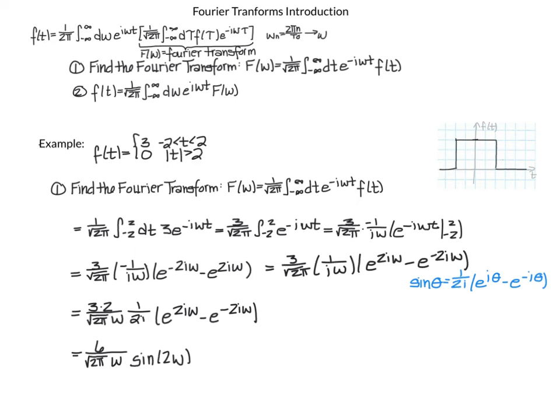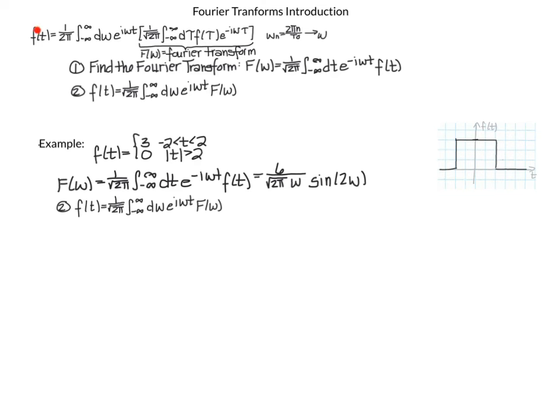It takes a formula in the time domain. This is my f of t, right? It was a formula that took time as its input, and now I have a new formula, F of omega, which takes omega, a frequency, as its input. That again was step 1, to find the Fourier transform.